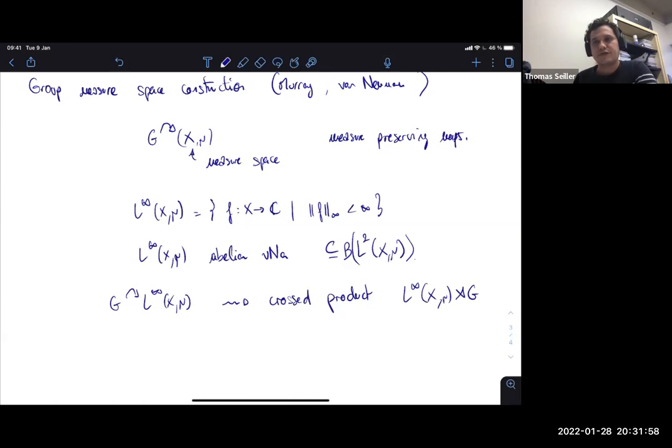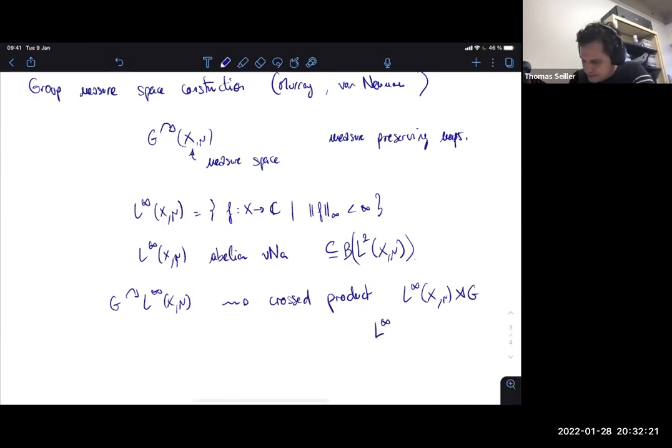And this is a von Neumann algebra. And I won't explain, but if you have several specific properties on the action, then the algebra will have some properties as well, right? So in some cases, it will be a finite von Neumann algebra. In some cases, you will have a factor, but I can't go into these details, right?